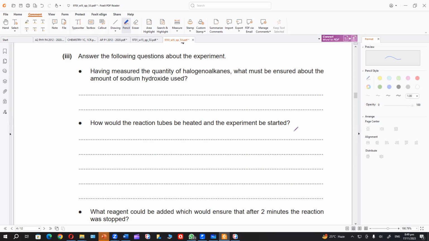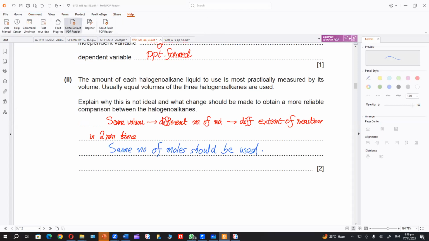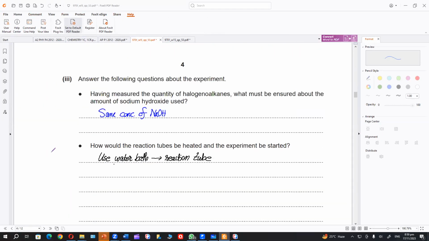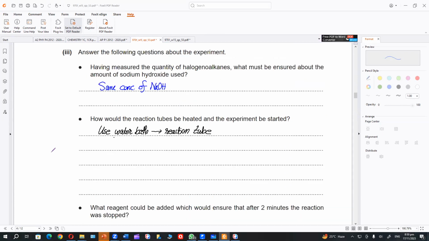Can we say that we should make sure it's the same amount? Otherwise, if we use a different amount of NaOH, that makes sense. Same concentration of NaOH.